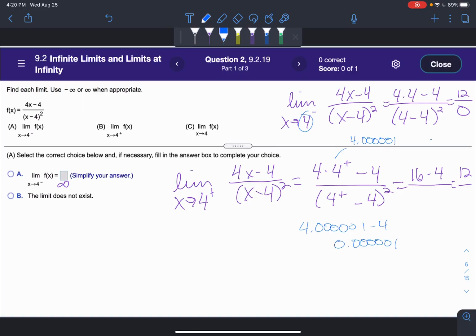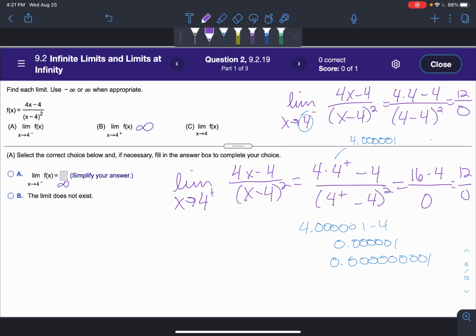And then if I square it, it gets even smaller. And like we saw in the last one, if we find a really, really small number and divide a constant by that really small number, it's going to grow large. And that's why this second limit would be infinity.